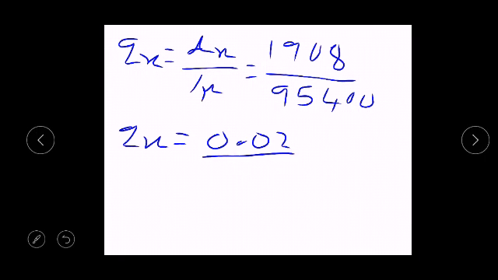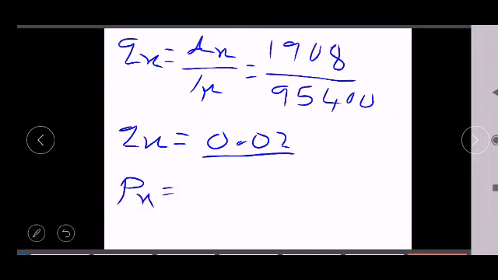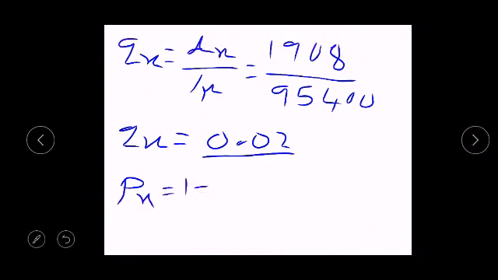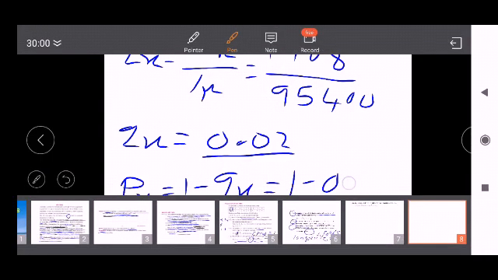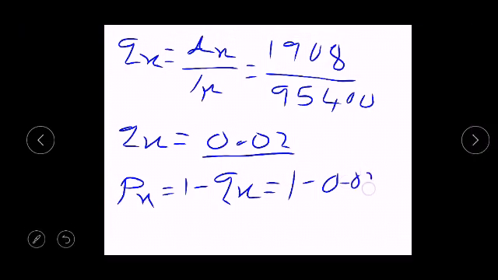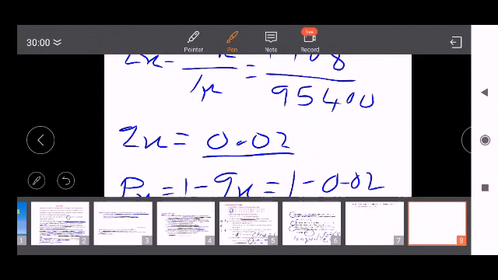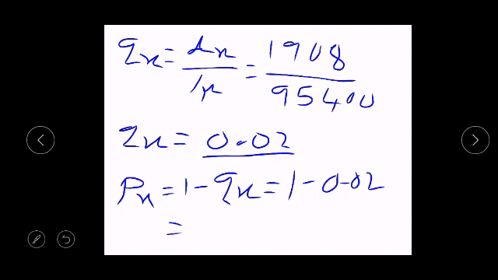And then they asked for the survival ratio. The survival ratio is indicated by Px. So Px is equal to 1 minus Qx, that is equal to 1 minus 0.02, that is equal to 0.98.